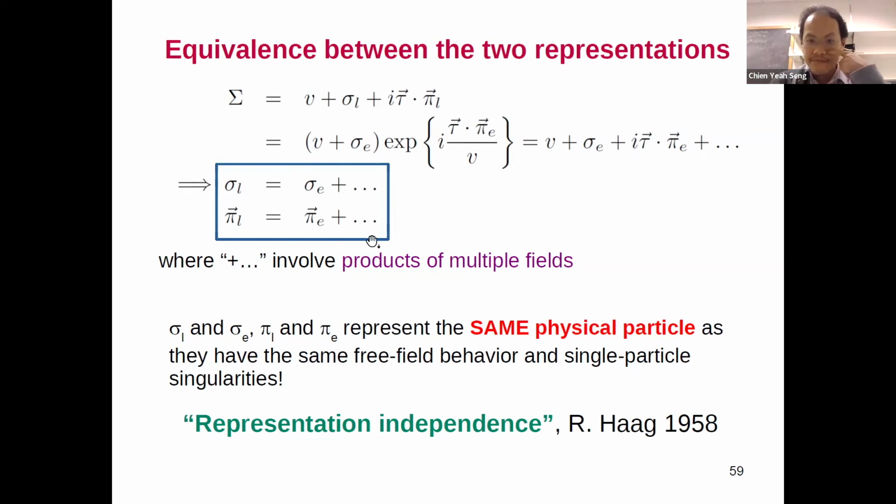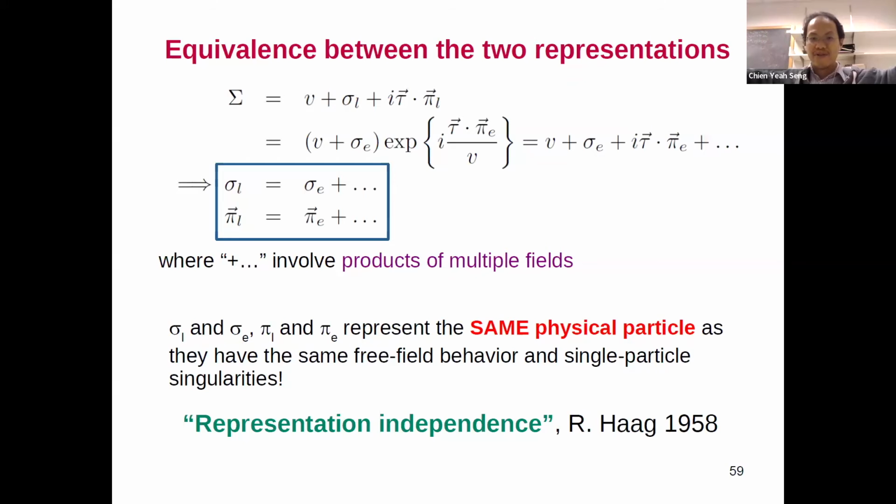And then when we have such matching, namely a field is equal to another field plus some other term which involves products of multiple fields, then we can conclude that field A and field B are actually representing the same physical state. Because when we use a quantum field theory to calculate, for instance, scattering processes, we are only interested in the final states that are well separated.